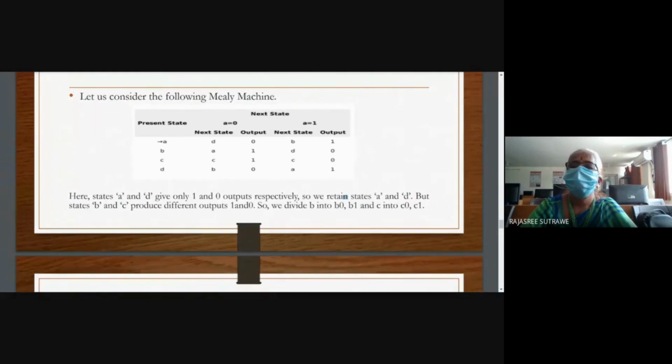Let us write this as B1 because it is giving output B1.